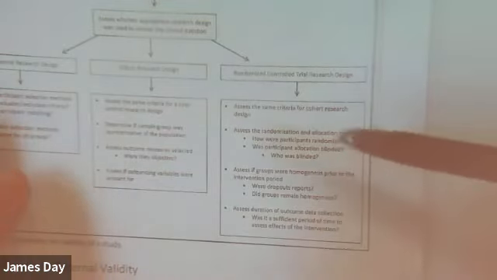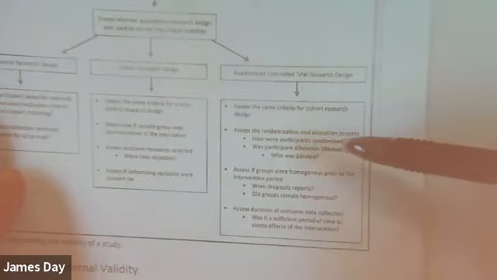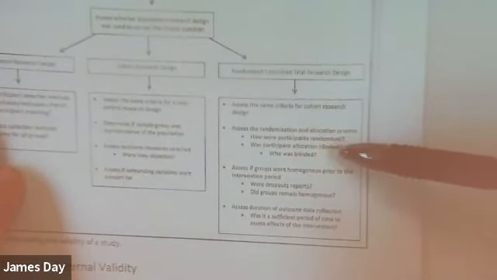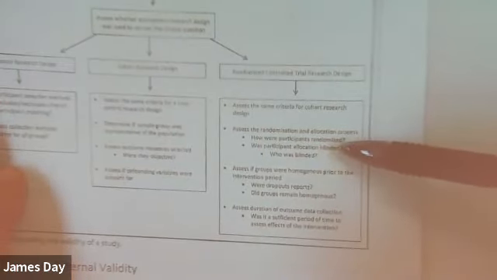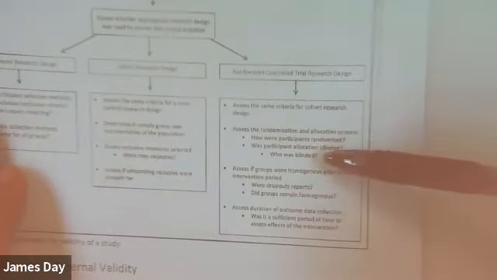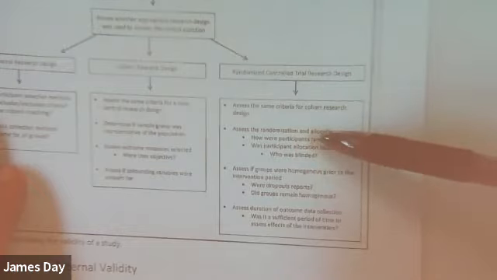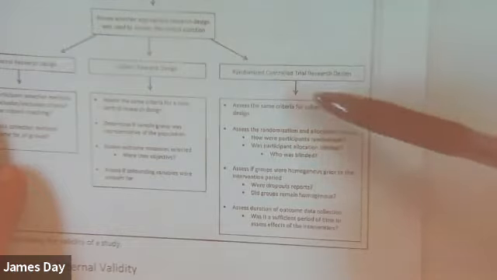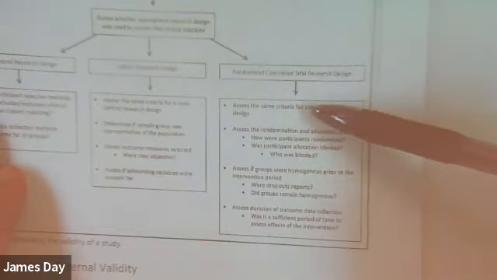It just could have been an oversight. That's up to you. Was participant allocation blinded, and who was blinded? When we look at blinding, we're looking at, does the participant know what group they're in?